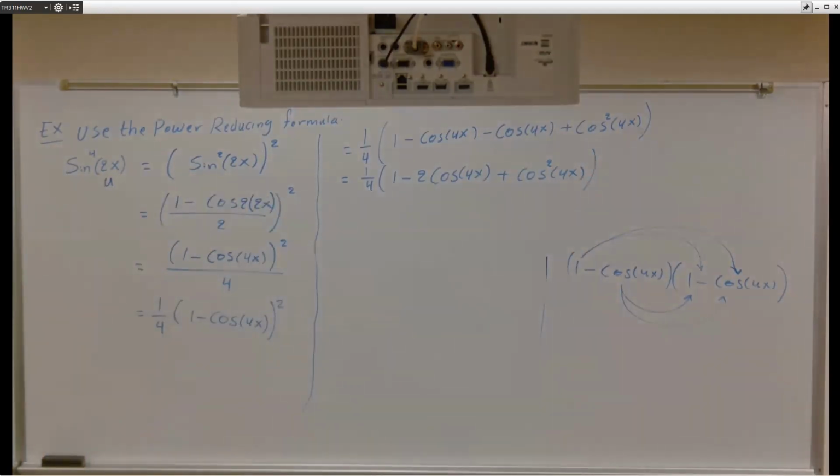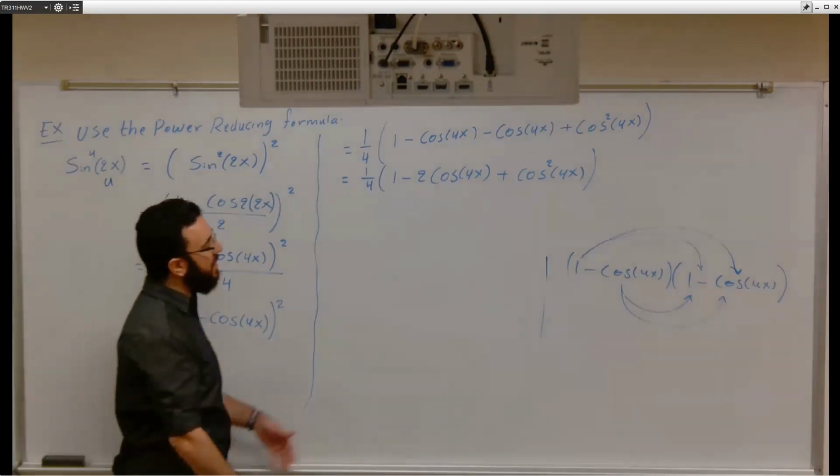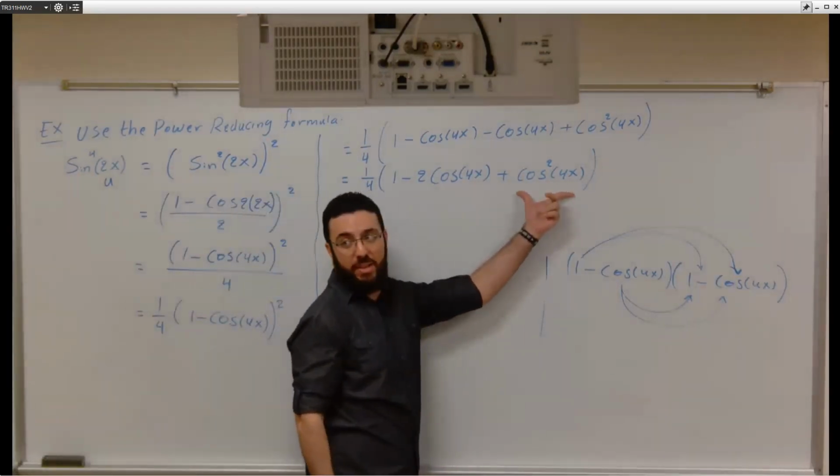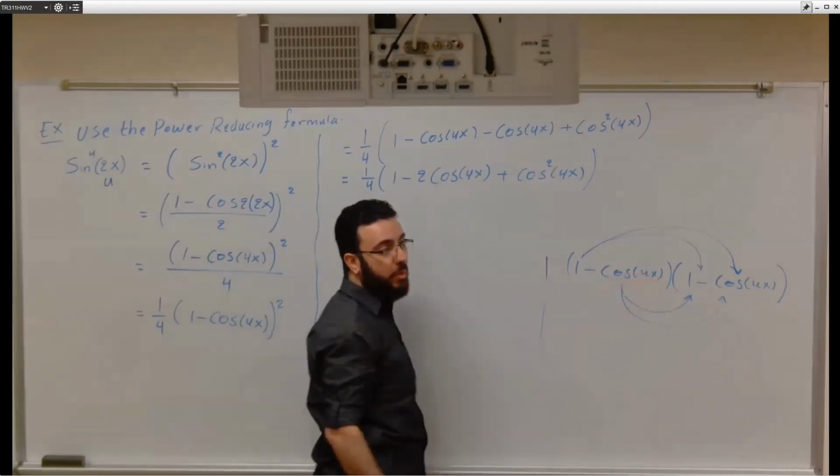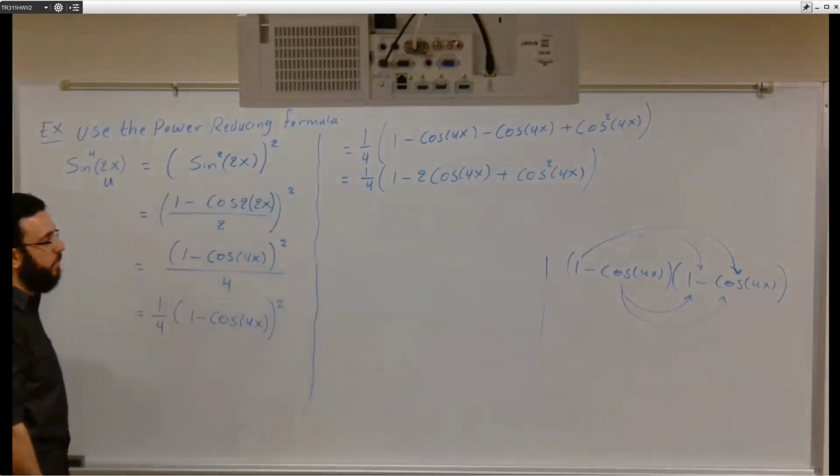Who can tell me the next step? Use the power reducing formula on cosine squared. Yes, that's it. You're going to use the power reducing formula here, because this is also squared, which is exactly the same as the second formula of the power reducing formulas.